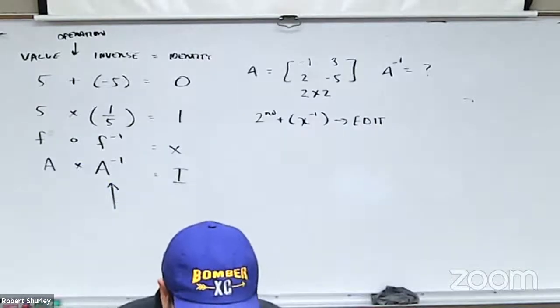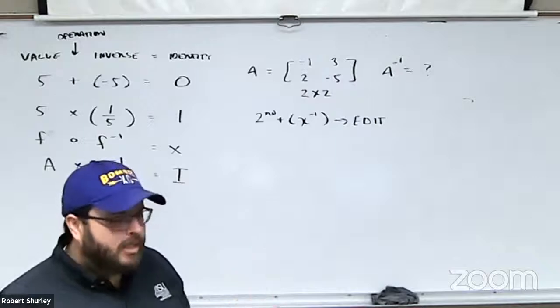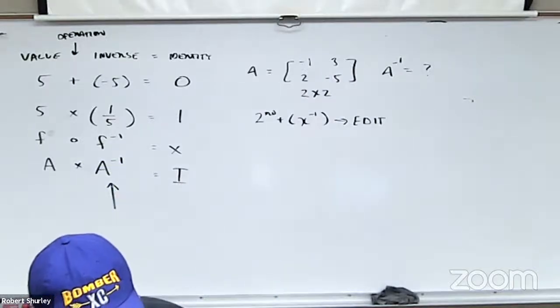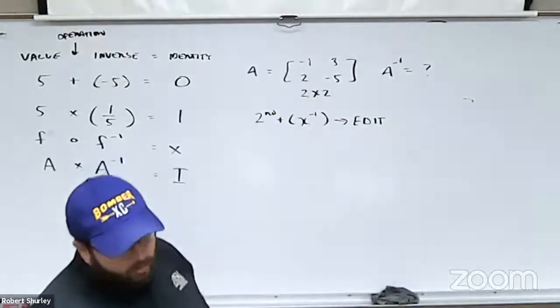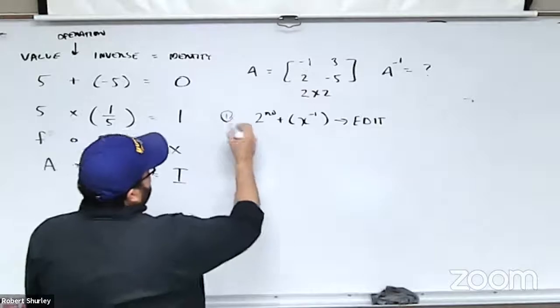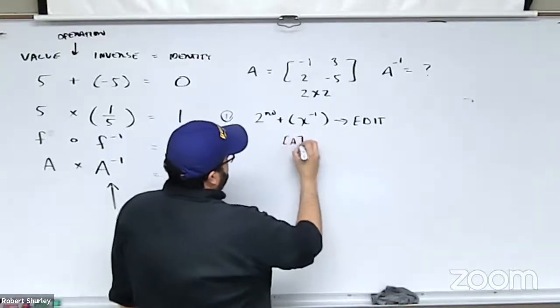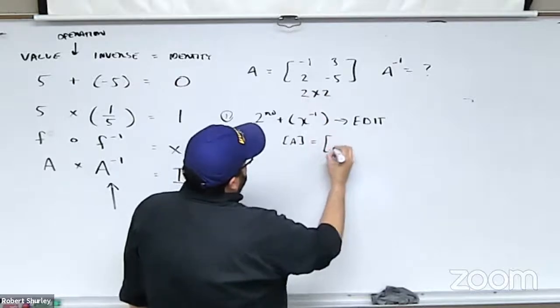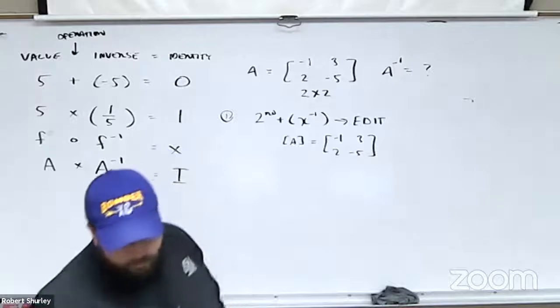So you hit enter on matrix A. I've got a 2 by 3 matrix still in there from the last lecture, so now I'm going to put a 2 by 2 matrix in. Okay, so step 1, second matrix, go over to edit, and then let's make matrix A this matrix. Okay, -1, 3, 2, -5. I'm going to put that in.